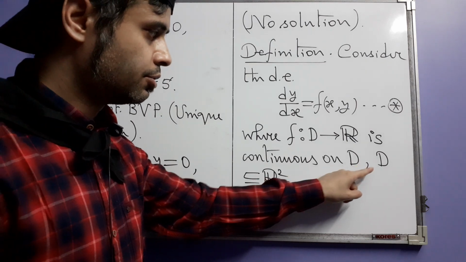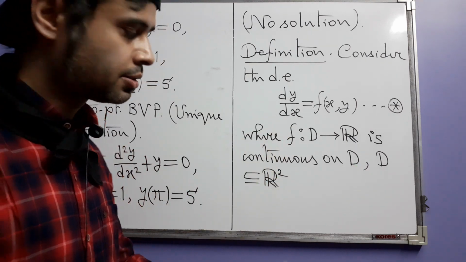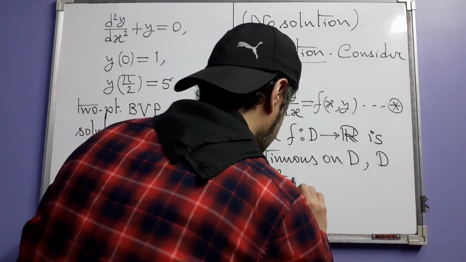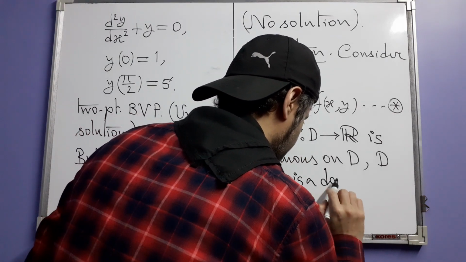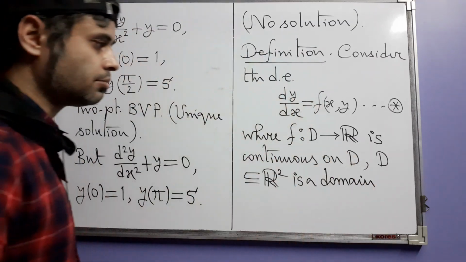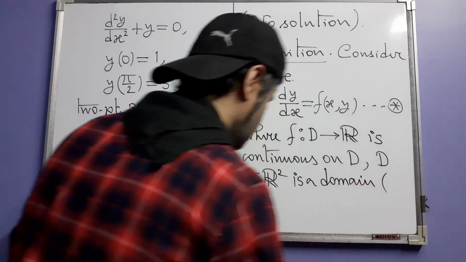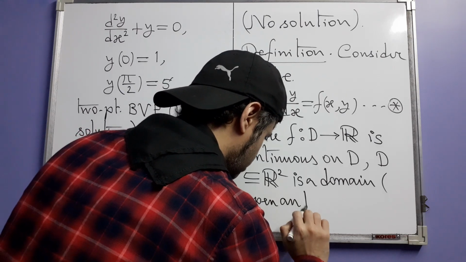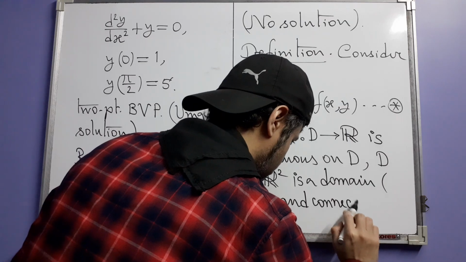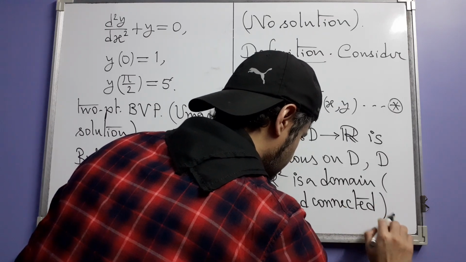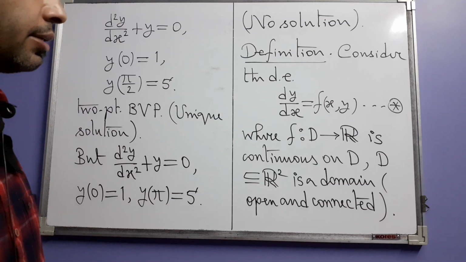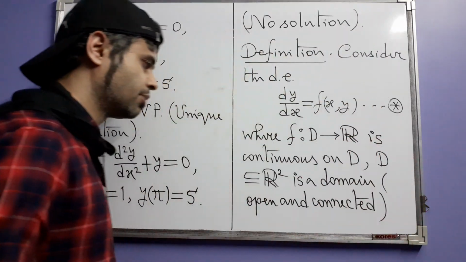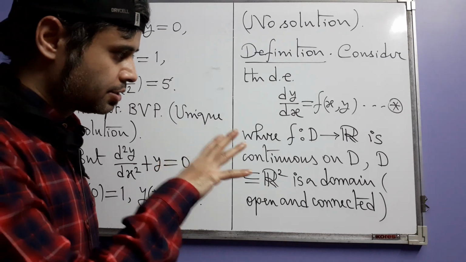So obviously the domain has to have that type of elements, so it has to come from R2, and not just any subset, is a domain, okay, which if you remember is an open connected subset. Topologically it is open and connected with R2 with its usual topology, which comes from the Euclidean metric.